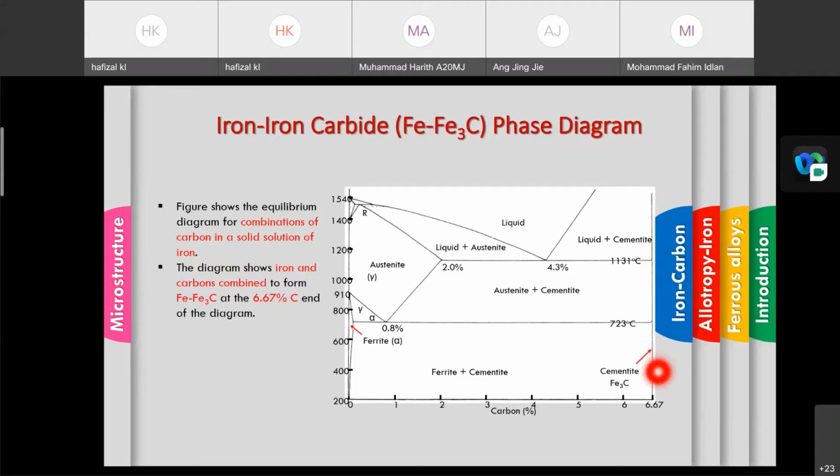So this phase diagram mainly discusses up to 6.67. Higher composition is not applicable, because in this region many things happen, especially the higher temperature region, and this region, and also this region. After this, we will discuss mainly this region.